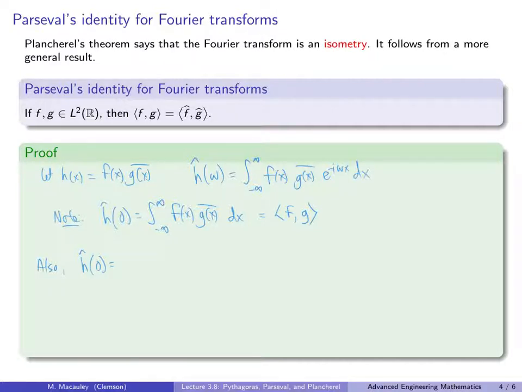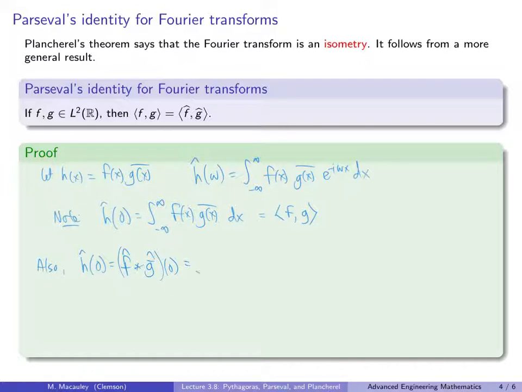So the Fourier transform of this product is the convolution. So it's f hat star g bar hat evaluated at 0, because we're plugging in 0 to both sides.